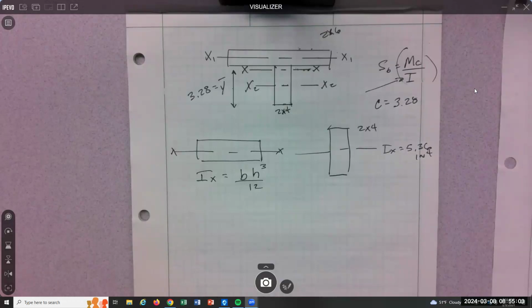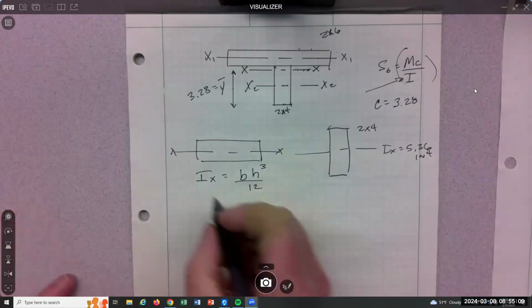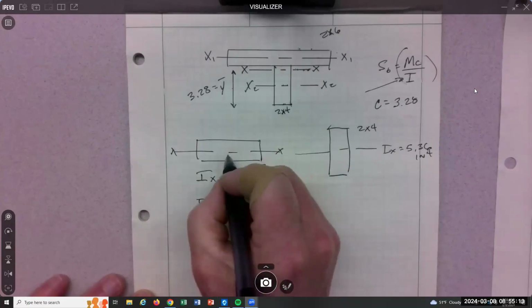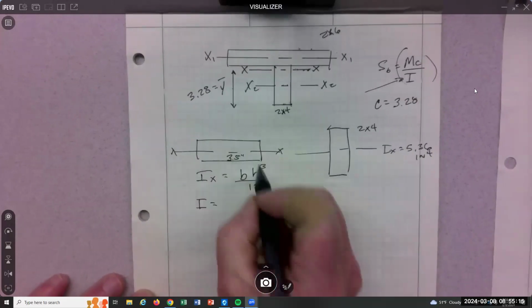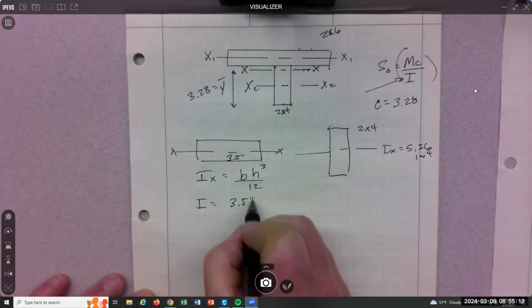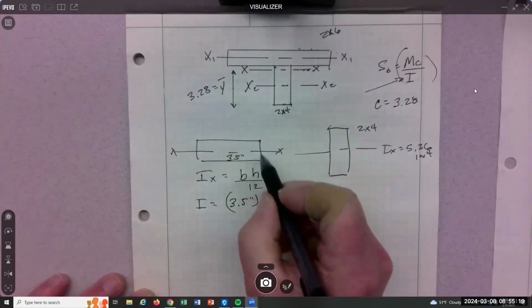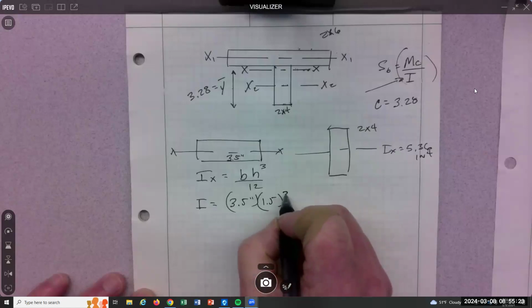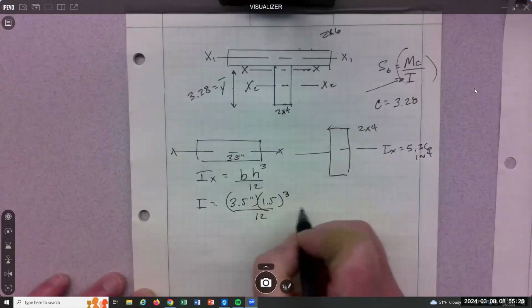And often they don't give us inertia on the flat. So we have to figure it out in a weak position. So Ix here would be what? Base is 3.5 inches. Height is 1.5 cubed over 12.